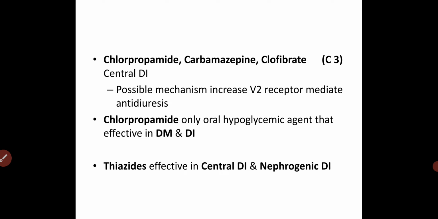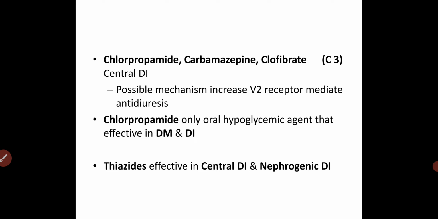Then one more drug is thiazide. We learned that thiazide is a diuretic, but it also has a role as an antidiuretic in diabetes insipidus patients. It is not so in normal patients. Try to remember this. Thiazide is effective in both types of diabetes insipidus, central and nephrogenic.